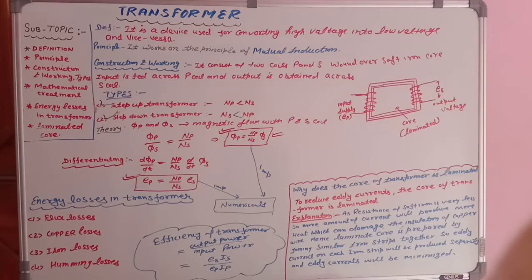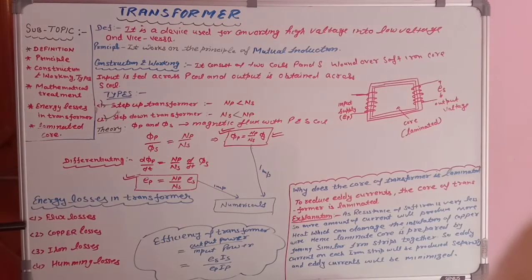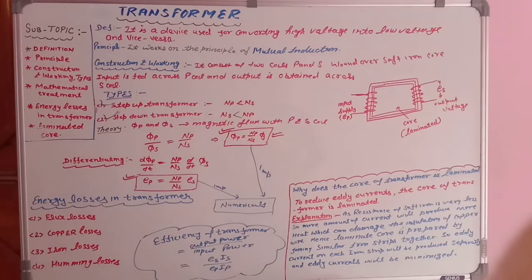First loss is flux loss. Now flux, obviously we are talking about magnetic flux. So what is flux loss? Students, we are coupling, connecting the primary coil and secondary coil with each other. But as I told you, nobody is perfect.